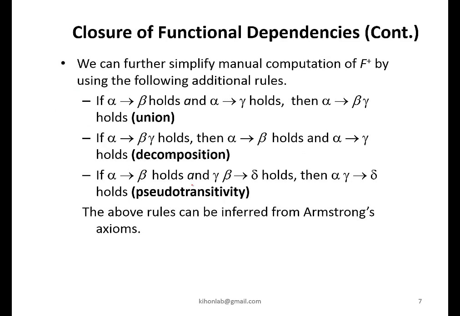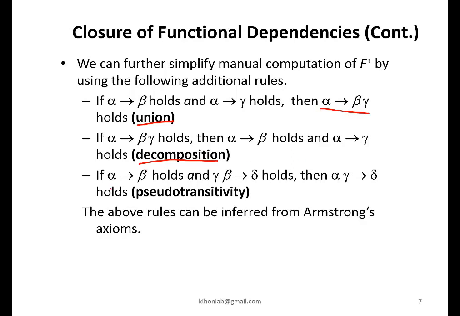Now a few more rules are there, derived from the Armstrong axioms. One of them is union: alpha derives beta and alpha derives gamma gives alpha derives beta gamma. Decomposition: alpha derives beta gamma holds alpha derives beta and alpha derives gamma.